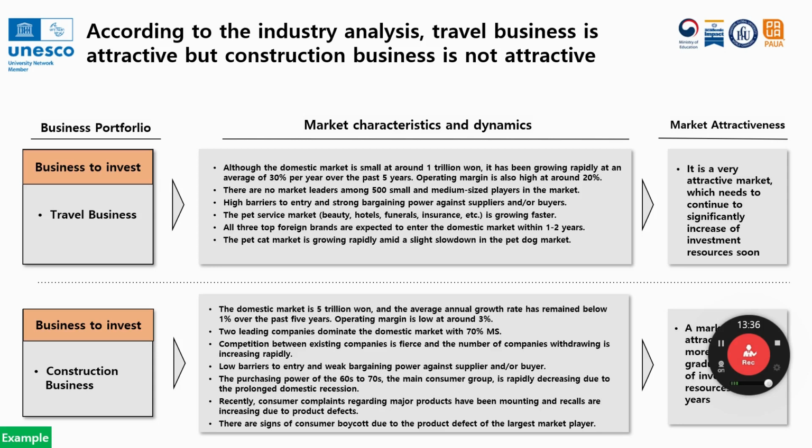if we look at some of the key comments of each analysis for the travel industry, which may be attractive, we can get data such as: although the domestic market is small at around 1 trillion won, it has been growing rapidly at an average of 30% per year over the past 5 years. Operating margin is also high at around 20%.